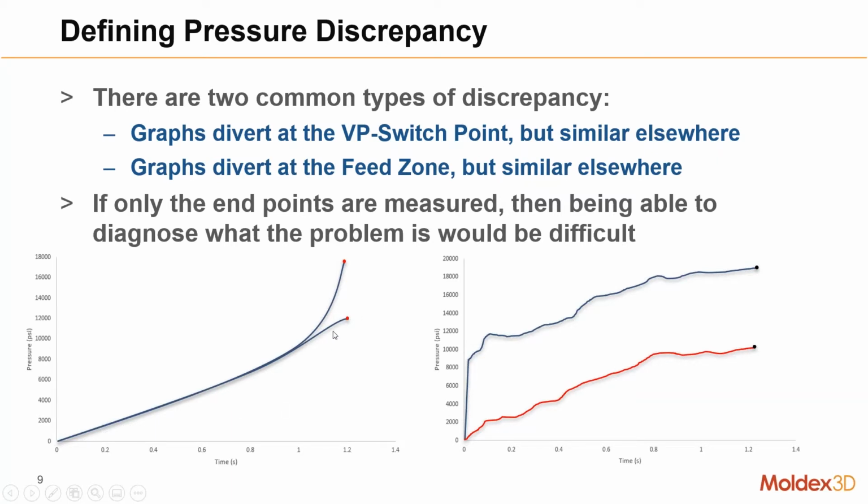One of them diverges very close to the end, towards the VP switch, and the other one diverges very close to the beginning in the feed system. So being able to diagnose where these graphs are diverging, and what zone of our screw pressure curve is causing this discrepancy, will give us a lot more information as to what we can do to fix this pressure difference.